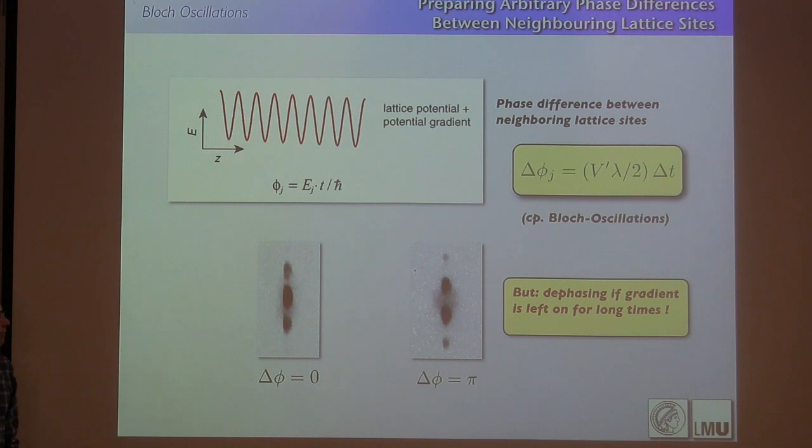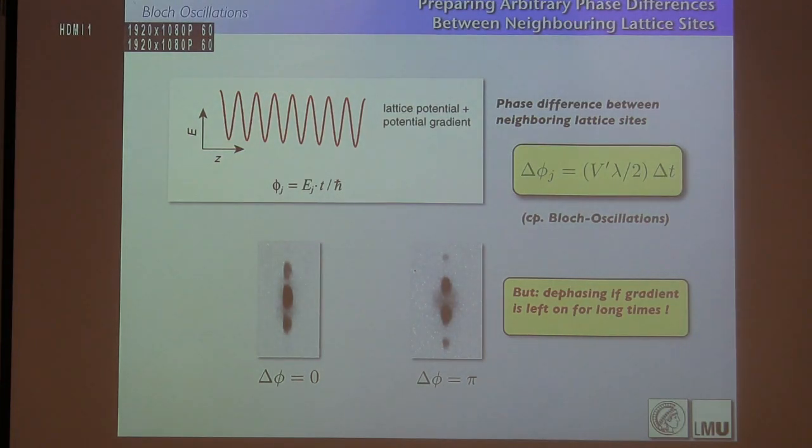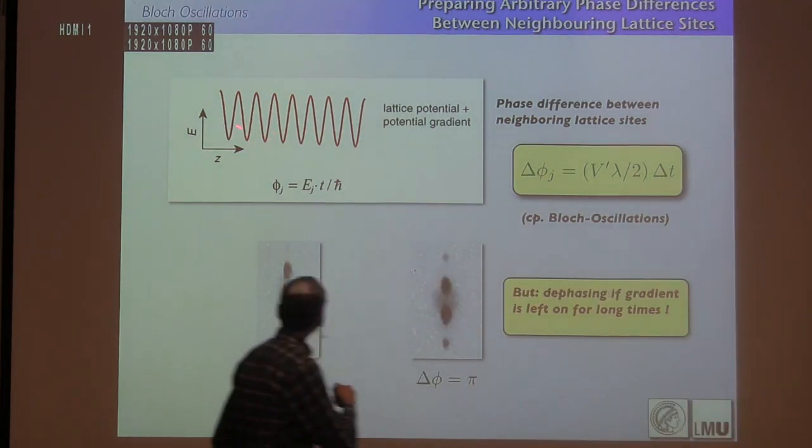All right, one final thing we need to talk about is this interesting phenomenon of Bloch oscillations, which basically allows us to change the quasi-momentum by applying a force to the particles, and applying a force to the particles in the lattice means just applying a potential gradient. Okay? So if I apply a potential gradient giving rise to a force, then we can easily understand what's going to happen with our different wave packets, because each of them sits now at a different energy in space.